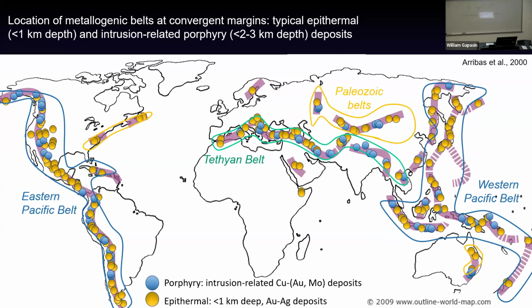And then we have the Tethyan belt, basically Cretaceous through Eocene and younger, from Southeast Asia through to Southwest Europe and Morocco. Paleozoic belts, for example, in Central Asia, Mongolia, but also Eastern US and Eastern Australia, are preserved.